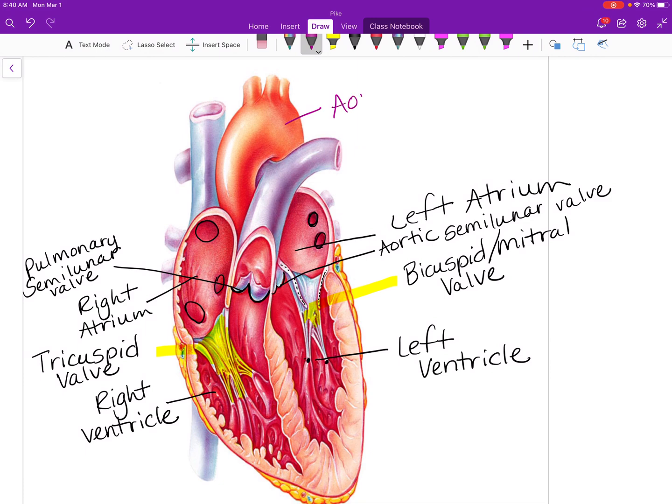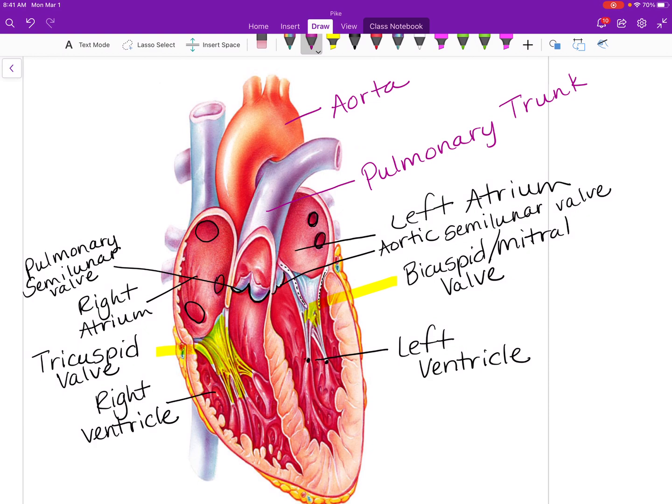So here we have the aorta, the largest artery taking blood away from the heart. Another artery we have here is our pulmonary trunk. And when we do blood flow, I'm going to talk about the reason why we have red and blue here, showing you different colors because of the different types of oxygenated or deoxygenated blood.